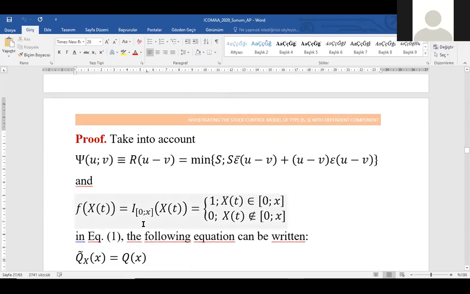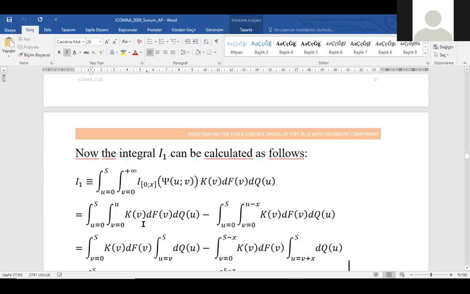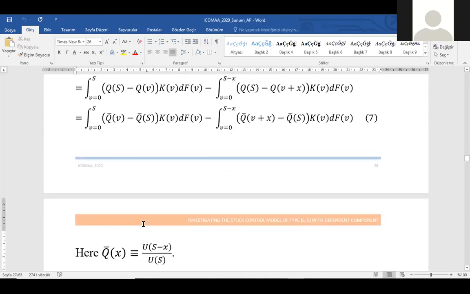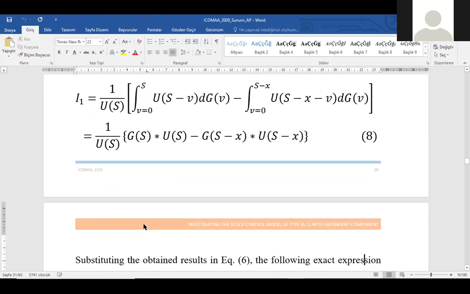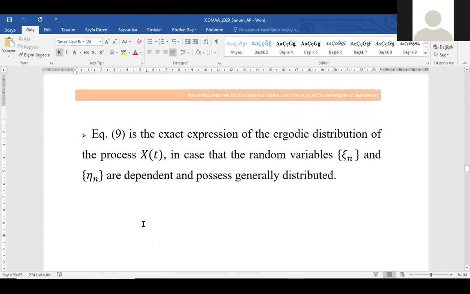This is a proof of our theorem, but I skipped this. But this continues our proof. In these formulas Cn and eta are dependent and generally distributed.